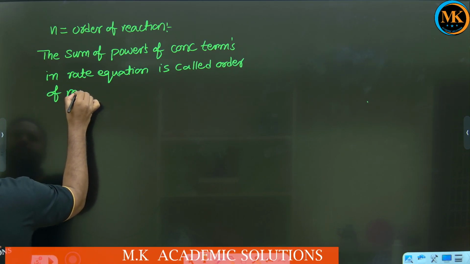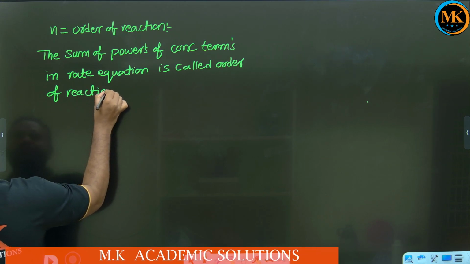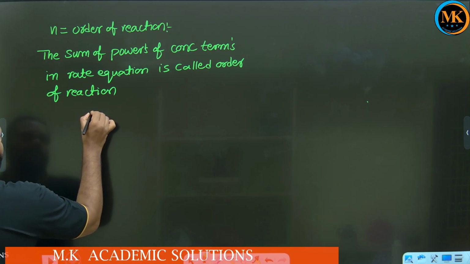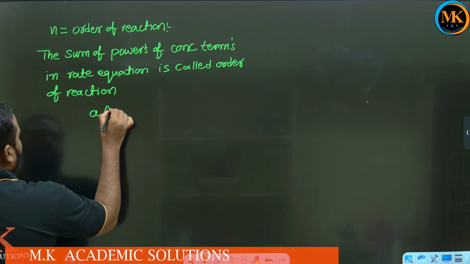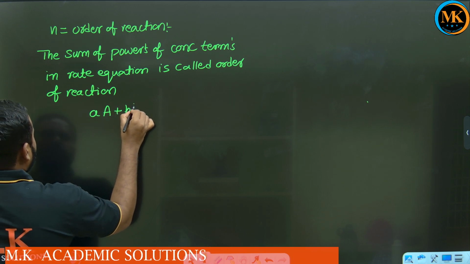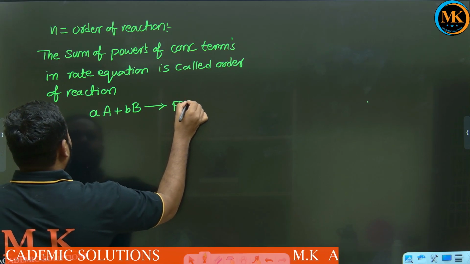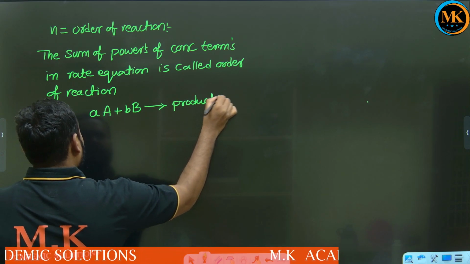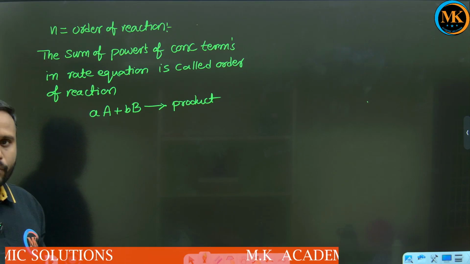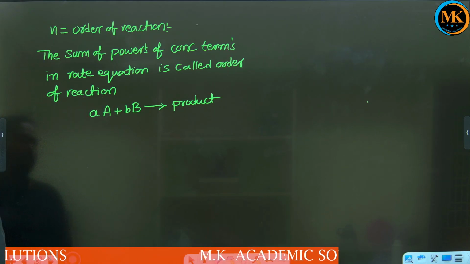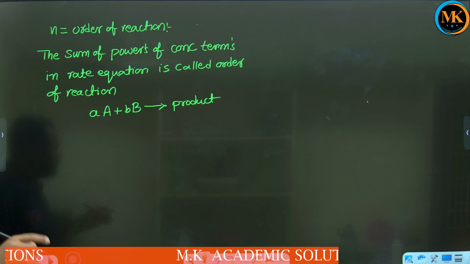Now let us take a hypothetical reaction: a moles of A plus b moles of B gives product. How do we write the rate expression?